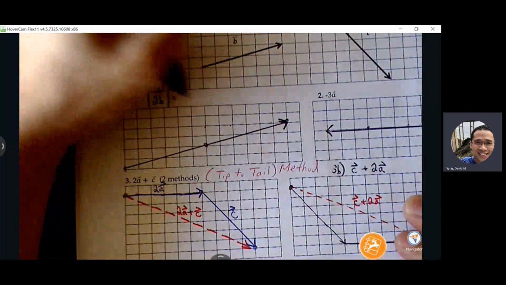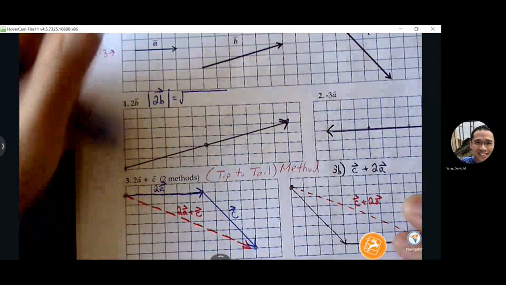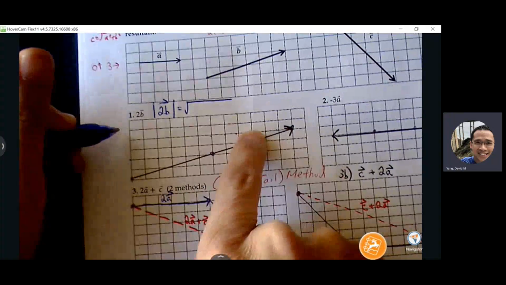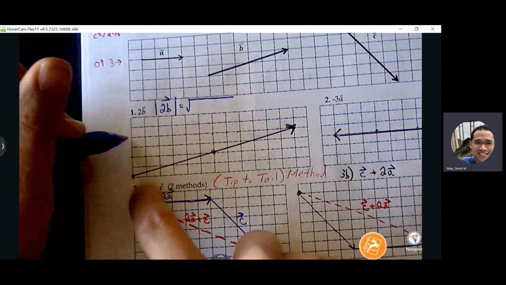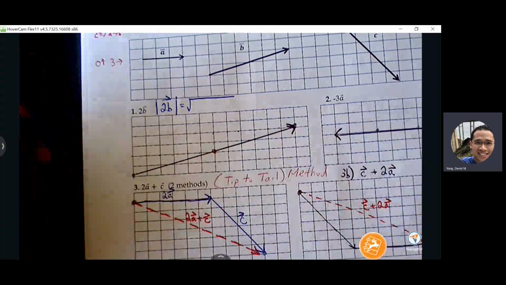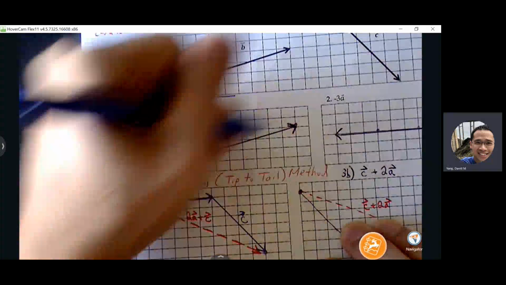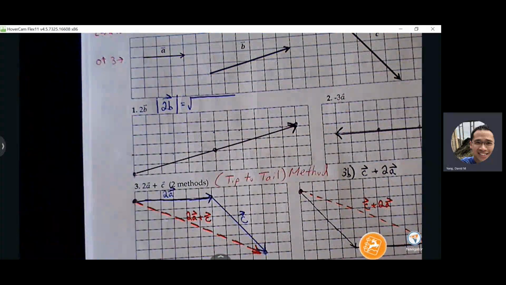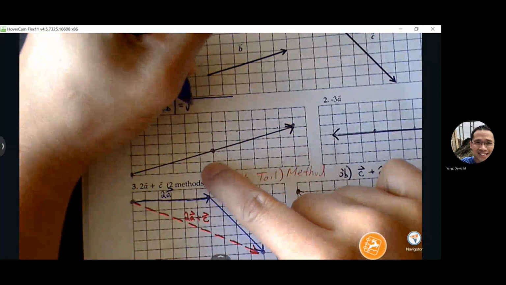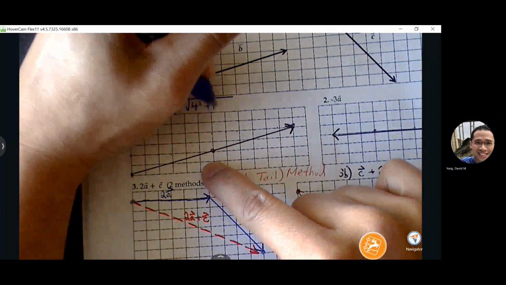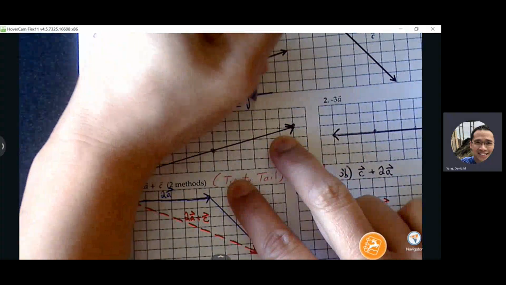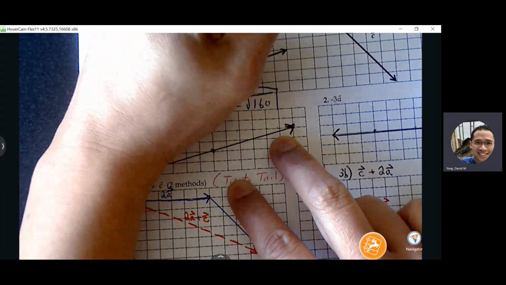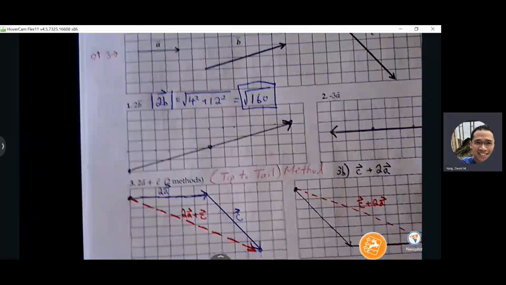Magnitude is just the square root of a squared plus b squared. So you create an imaginary triangle, find the length and the width, and imagine this vector as the hypotenuse of an imaginary triangle. That result is your magnitude, the length of your vector.